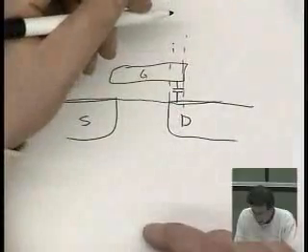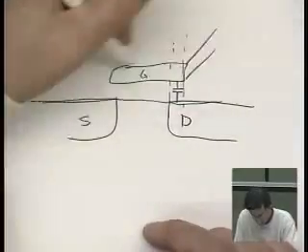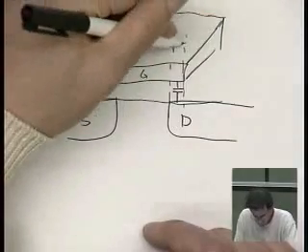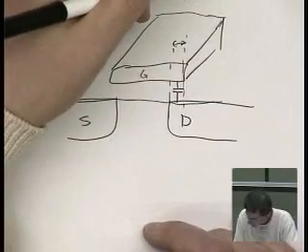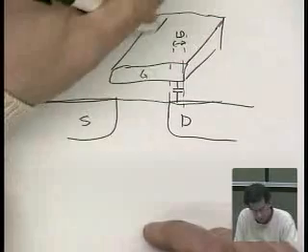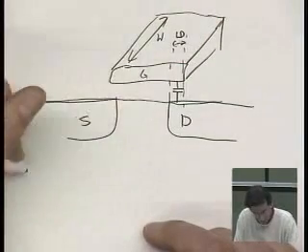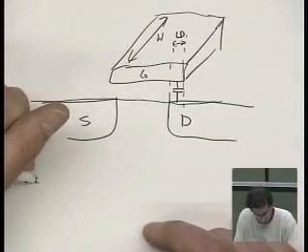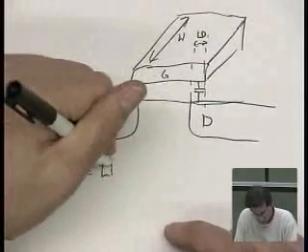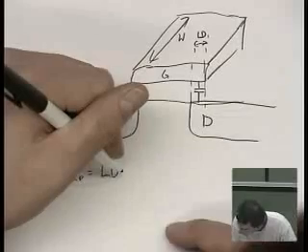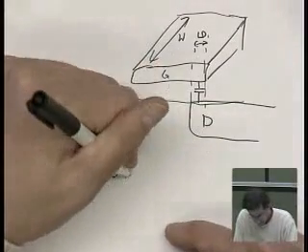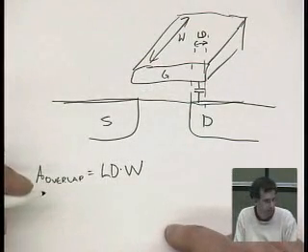And the parallel plate capacitor, so this is in 3D. This distance here, I believe, is called LD. This dimension here is called W. So the area overlap is equal to LD times W, okay?